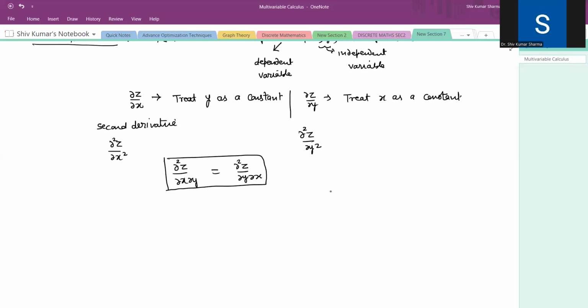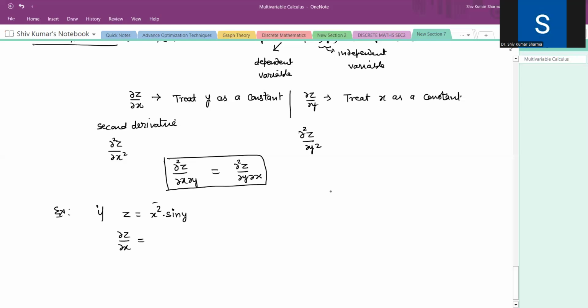So we take one example. How to calculate this? We have the function z equal to x square into sine y. When we obtain del z upon del x, we differentiate partially with respect to x, treating y as a constant.